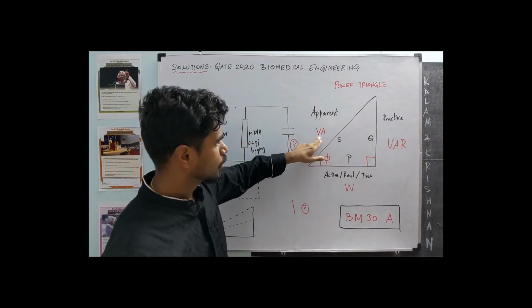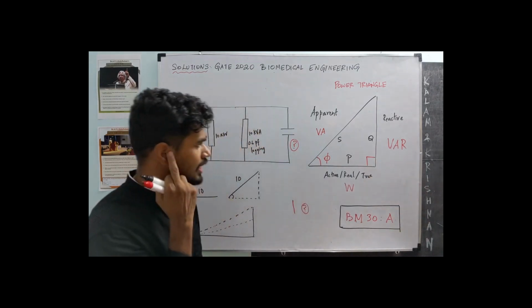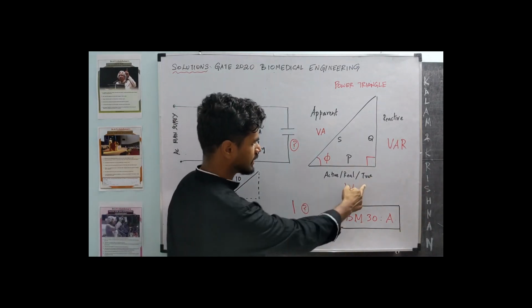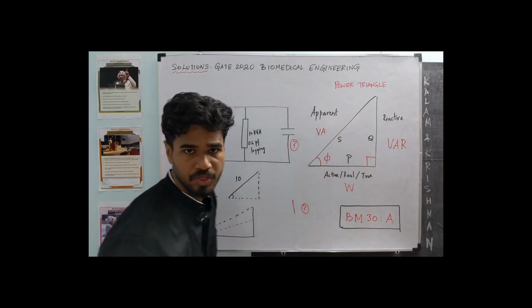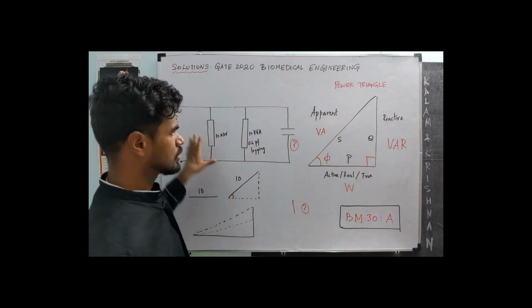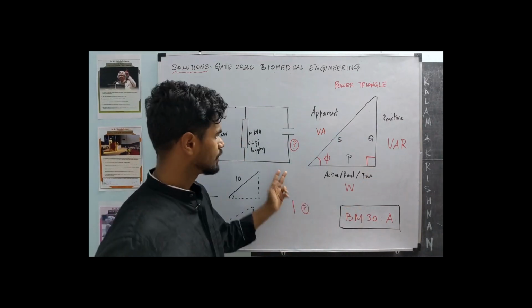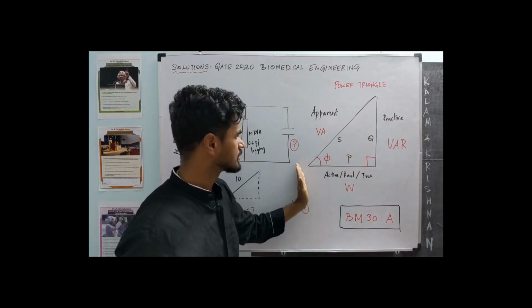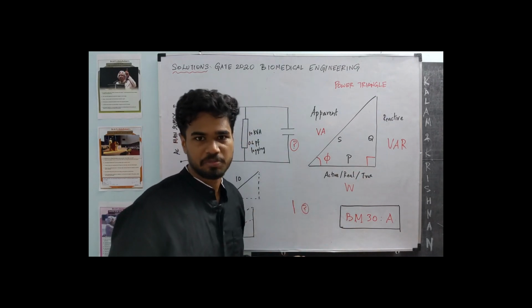Units are volt ampere, watts, and volt ampere reactive. The power factor is the ratio of true power to apparent power. For any given loads, it's a good idea to draw the power triangle. The nice thing is you can add and subtract sides because they satisfy complex arithmetic.